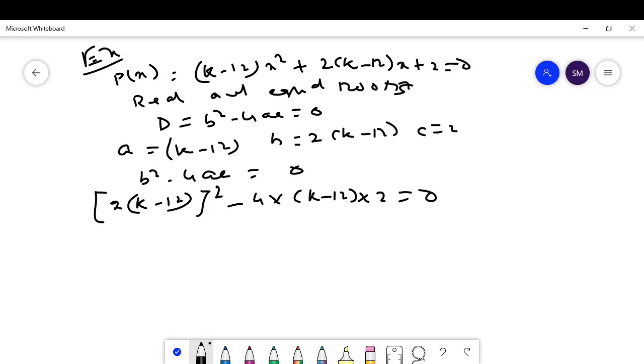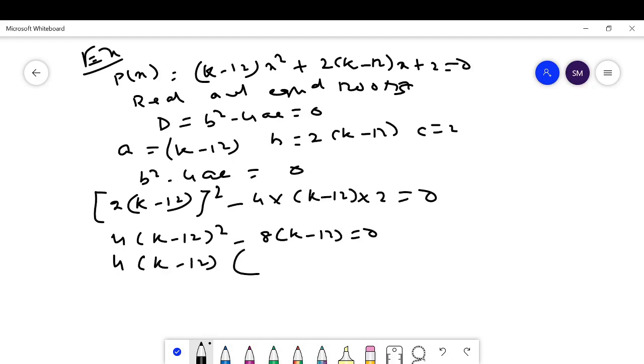Then here taking 4 into (k minus 12) whole square minus 8 into (k minus 12) is equal to 0. Taking 4 into (k minus 12) common, here (k minus 12) is left and here minus 2 is left, equal to 0.